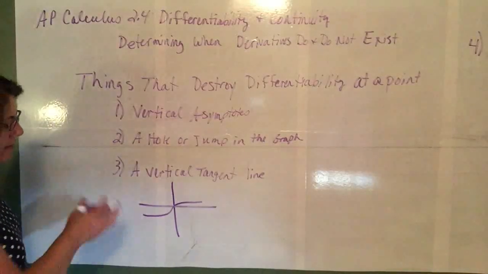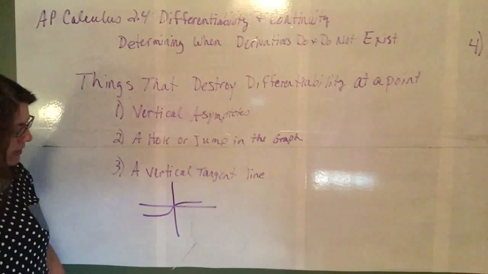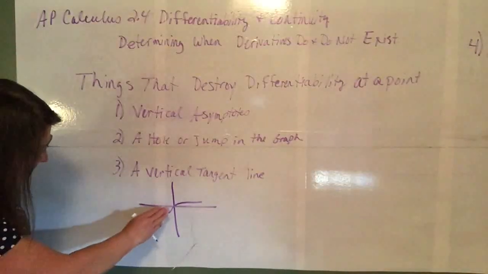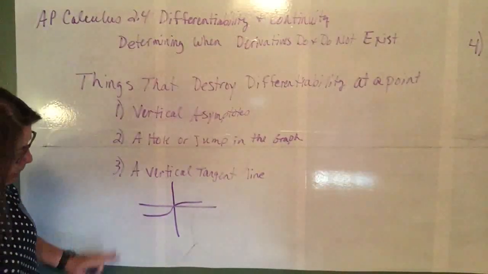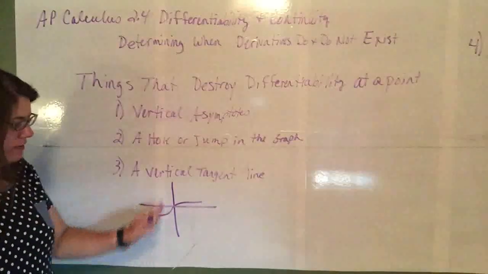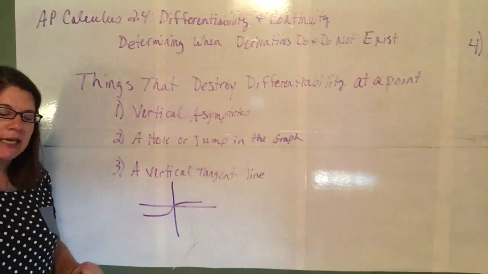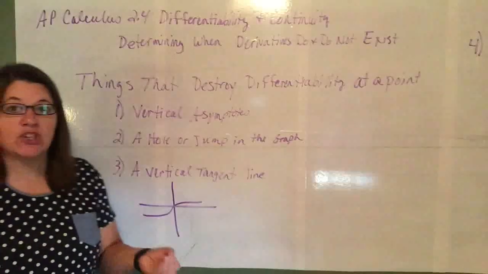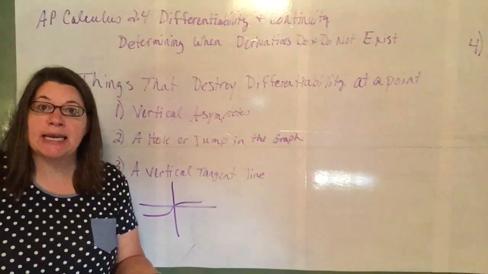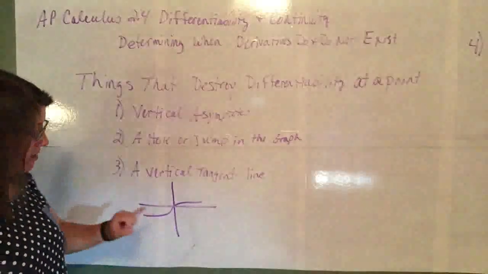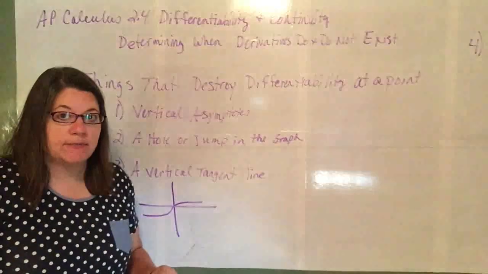It doesn't happen very often, but in this case, if x was equal to 0 there, I didn't draw it perfect, you would have a vertical tangent line, which means your tangent line would be found to be undefined at that point. In that case, it's not differentiable at that point, okay?